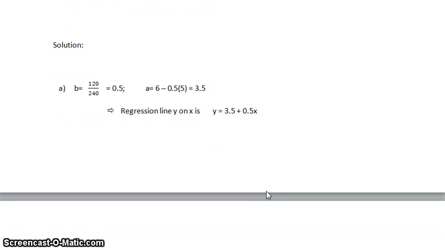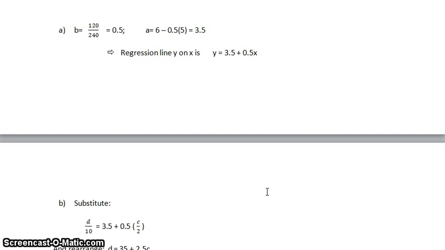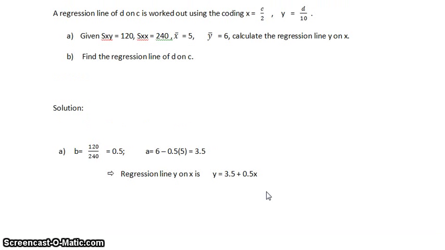Now, with the coding in part B, what we can do is substitute into the equation for the regression line, because we've got these formulas and we can use these as substitutions. We know that x equals c over 2, so instead of writing x, we can write c over 2 here, and instead of writing y, we can write d over 10.